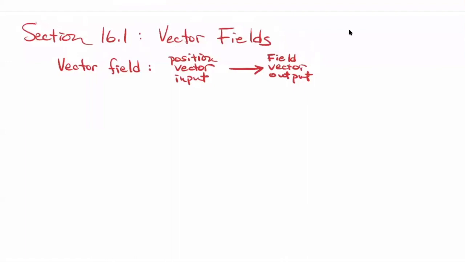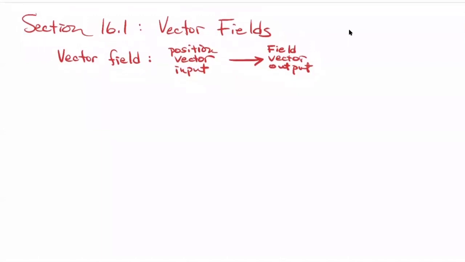Okay, so yeah, a vector field has a position vector input and a field vector output. So, I mean, it's pretty simple. If you think about gravity, your position determines the gravitational vector. If you are on the surface of the Earth, like where you're sitting right now, then the gravity points toward the center of the Earth.